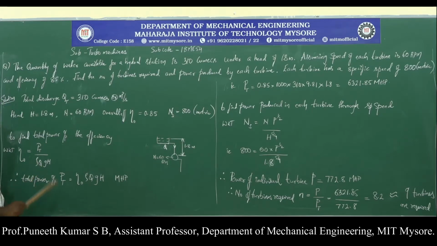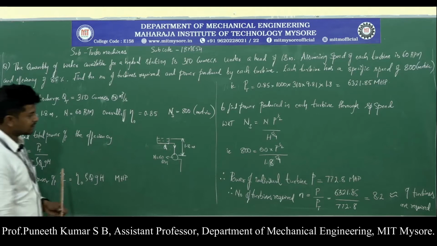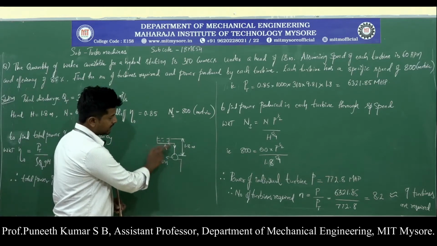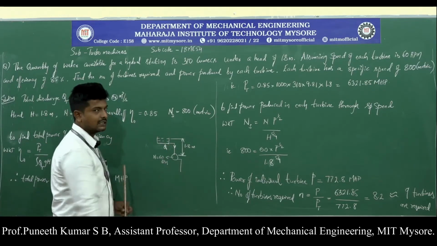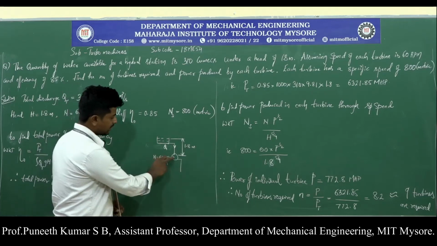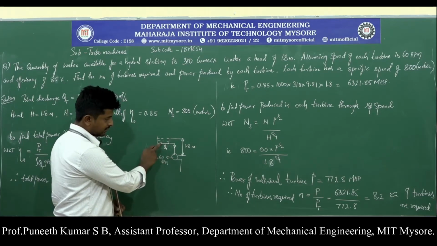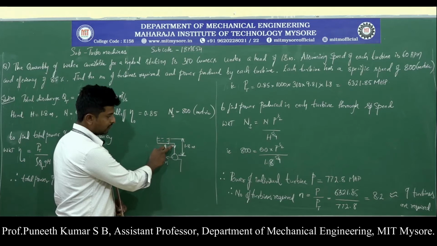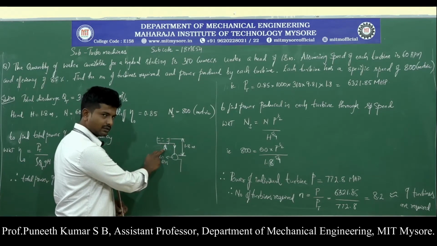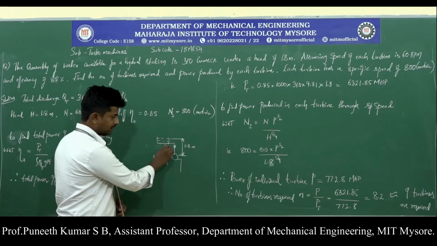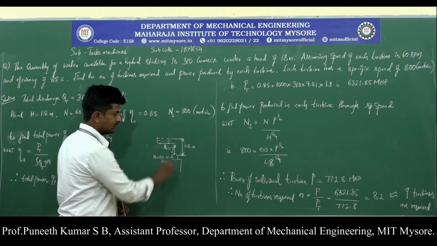Discharge has been given. This Q is the total discharge, so I will write it as QT. If the Q which I have represented in the figure is for just one turbine, the flow to one individual turbine is not known.